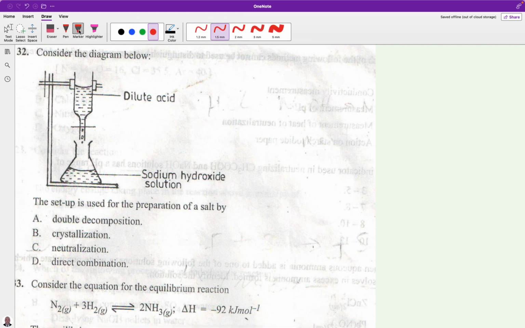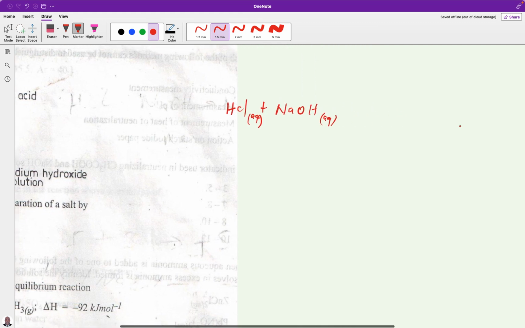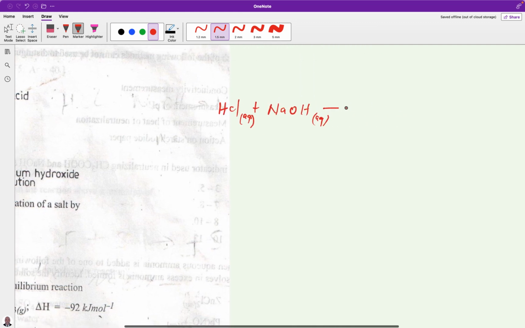Just an example for the dilute acid: dilute hydrochloric acid, HCl, which is aqueous, plus sodium hydroxide, NaOH. And the resultant here will be what?